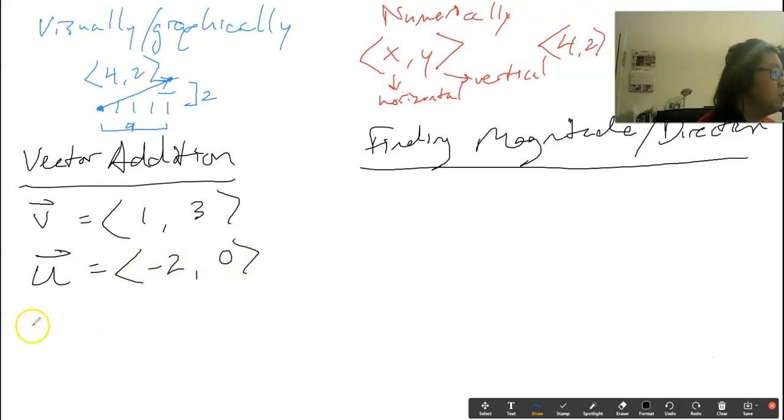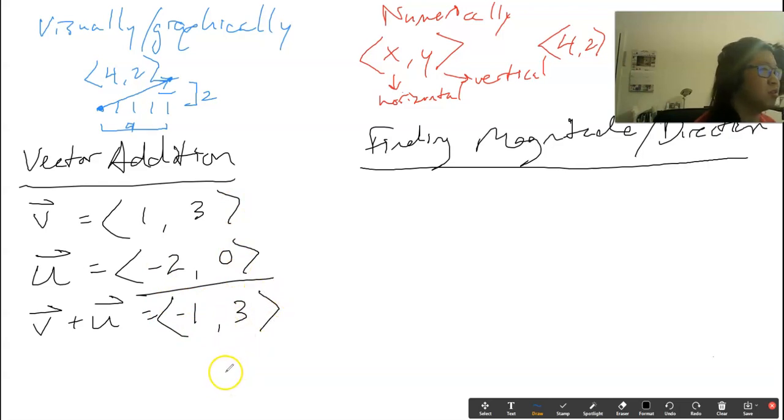Well, all I have to do to add these two together, v plus u, is just add their components up. So -2 plus 1 is -1, and 3 plus 0 is 3. So this is the result. Very, very simple, mathematically anyway. I'll show you a bit later what it looks like visually when we get to the examples.